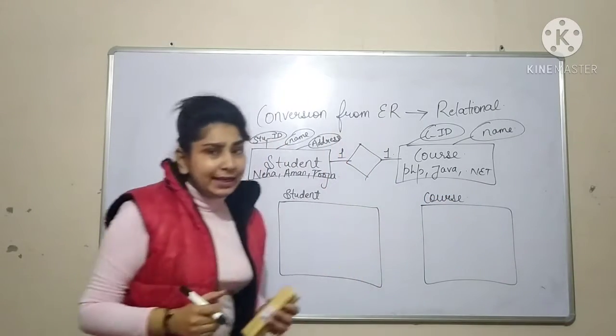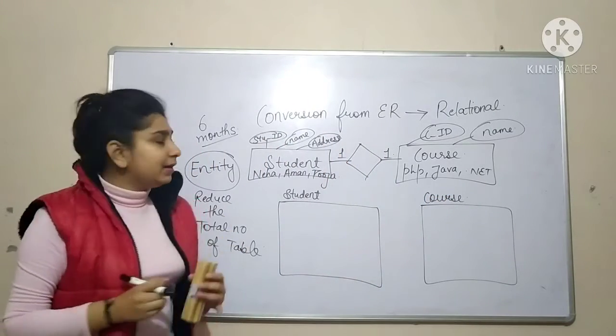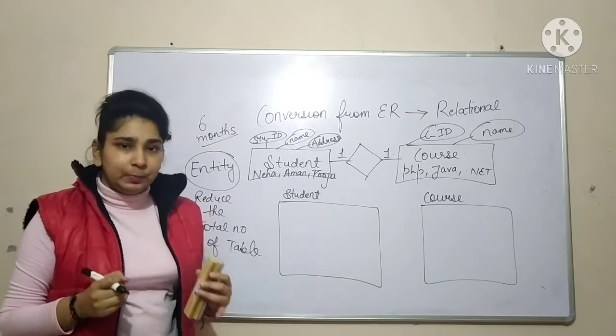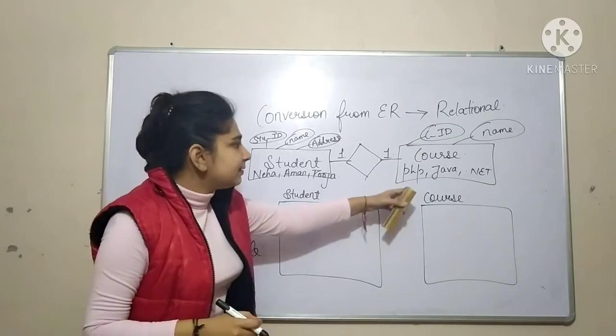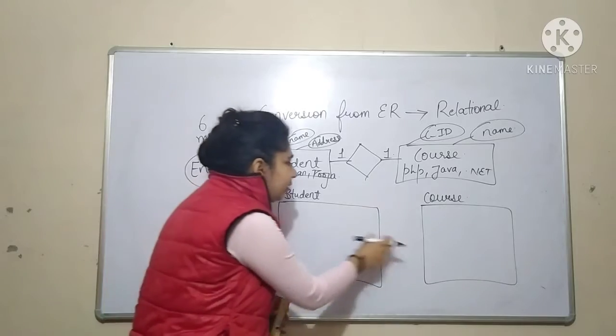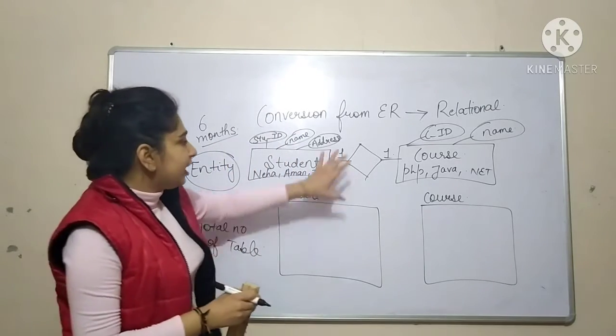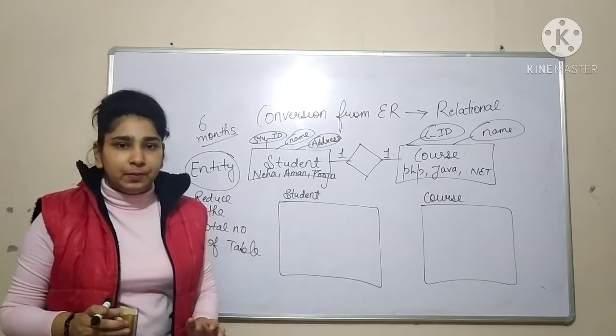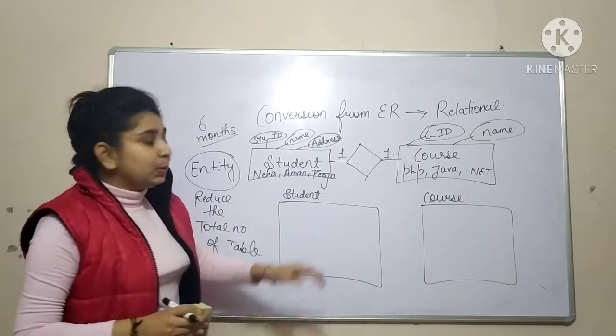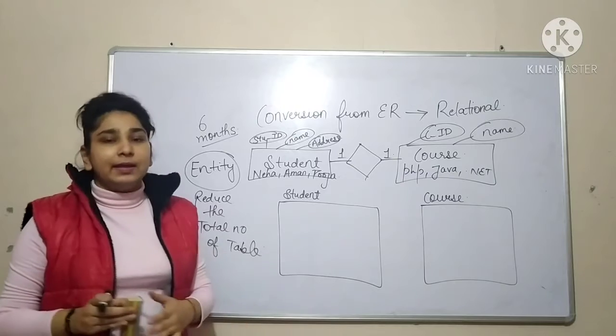For each entity definitely there is going to be one table. Two entities are there, so definitely two tables are going to be there. You can also make a table for the relationship, and we will also discuss that case.